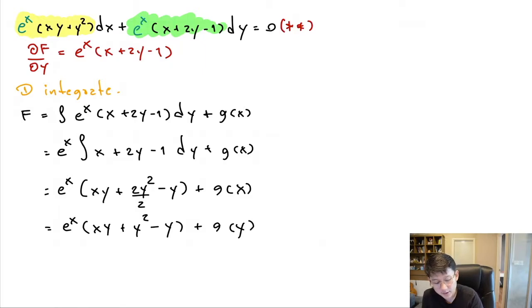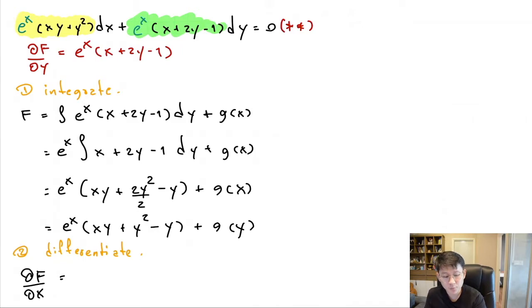And then second, you need to differentiate. So we have df by dx. First we integrated by y, so now we need to differentiate by x. So what is df by dx?